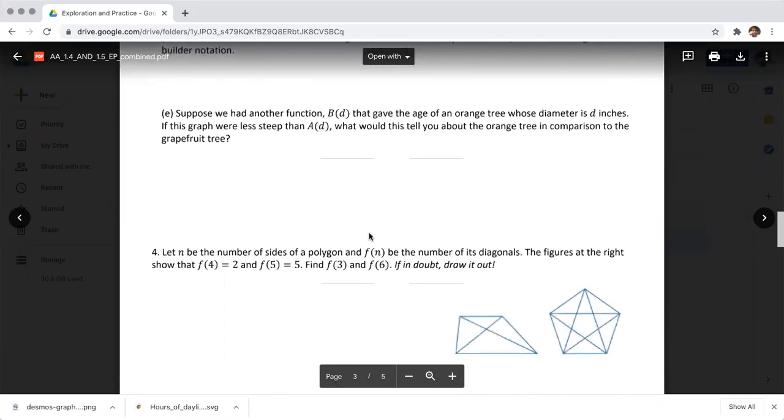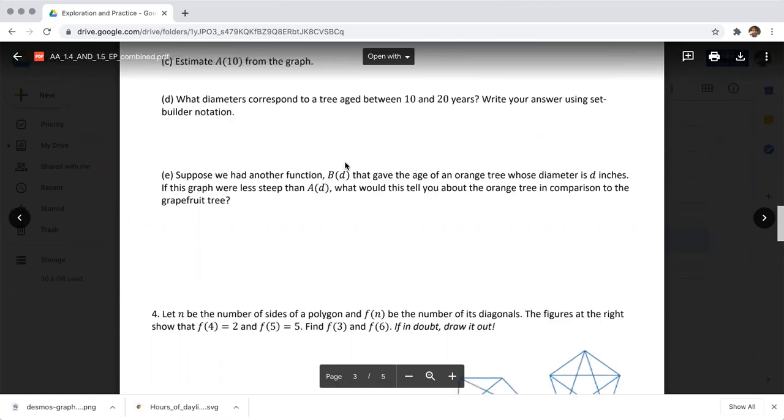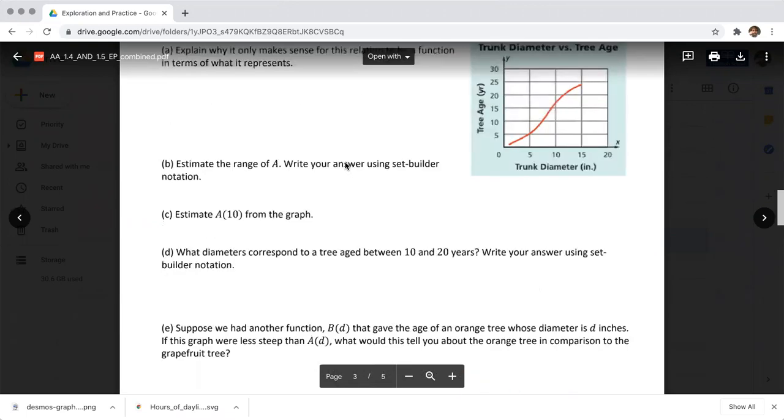Suppose we had another function B of D that gave the age of an orange tree. If this graph were less steep, what would this tell you about the orange tree in comparison to the grapefruit tree? So I like to draw this out because this is a complex question. We're imagining that we have an orange tree whose graph is less steep.